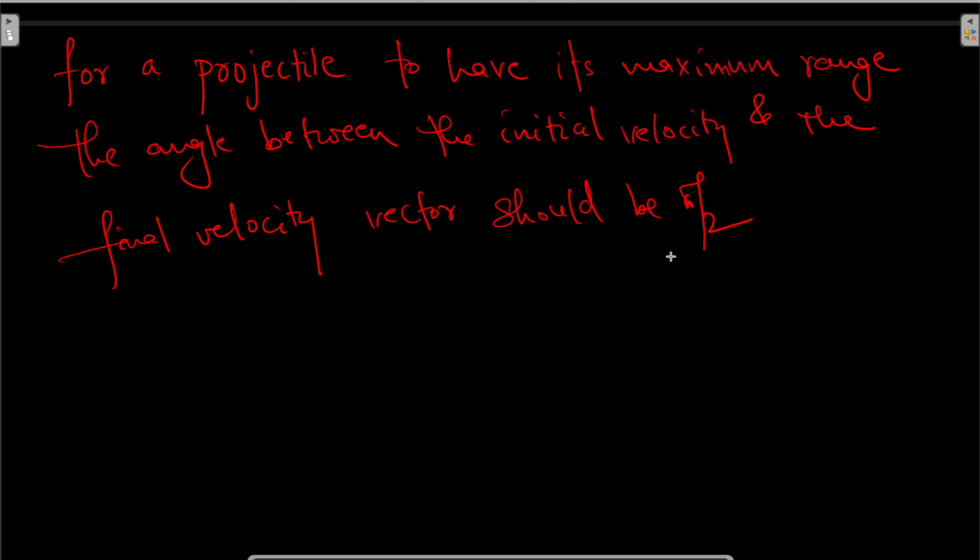Okay, so for a projectile to have its maximum range, the angle between the initial velocity and the final velocity vector should be pi by 2.